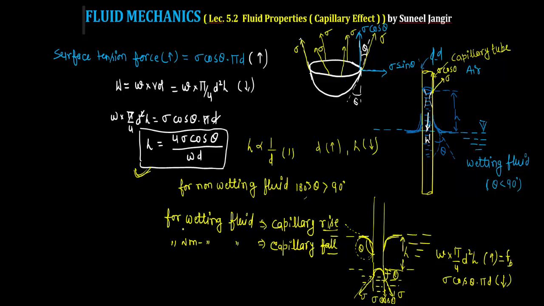For wetting fluid theta is less than 90 degrees, like water, and for non-wetting fluid theta is less than 180 degrees but greater than 90 degrees, like mercury. If you dip a capillary tube in water, there will be a rise in the capillary tube, and if you dip a capillary tube in mercury, there is a fall in the capillary tube.